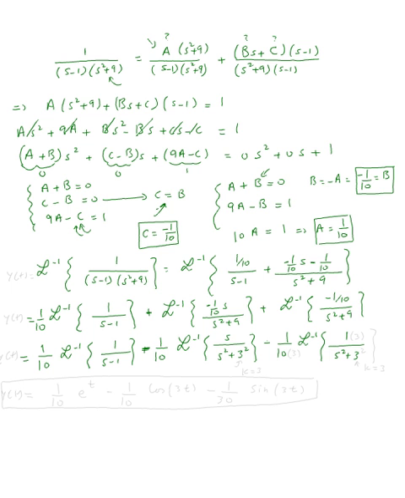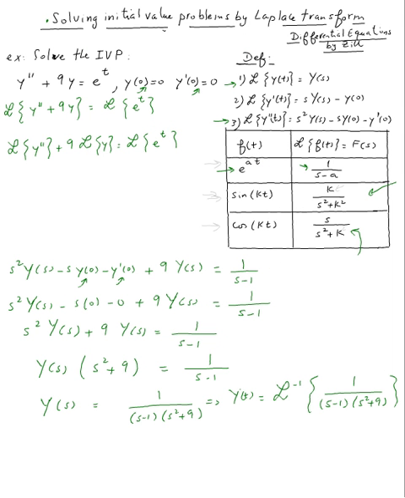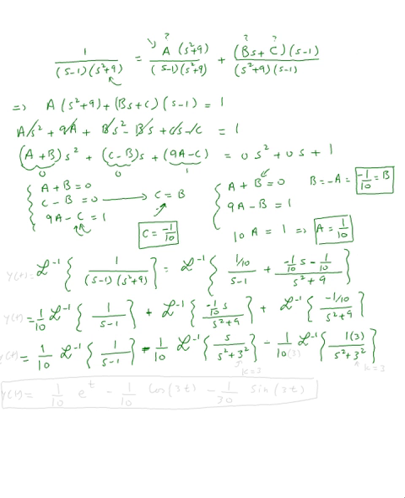Same thing here, I'm going to write 3 squared, because I'm looking at this column. But if you look at sine of kt, I'm missing the k, so what I'm missing here is 3. So what I'll do, I multiply by 3 and divide by 3. I can do that. And now what about the other one? The other one is fine.